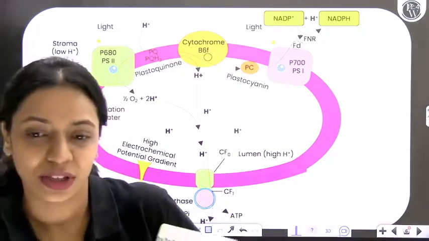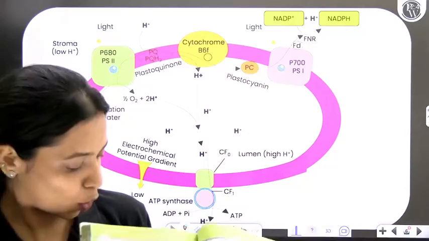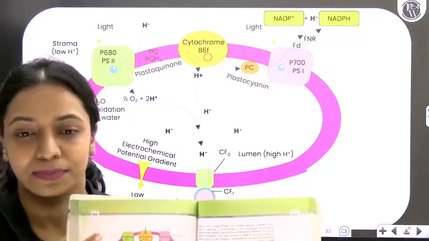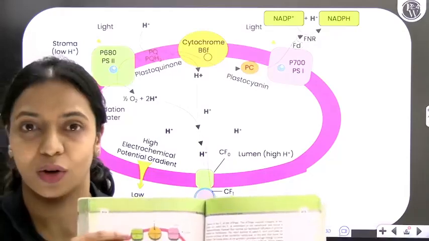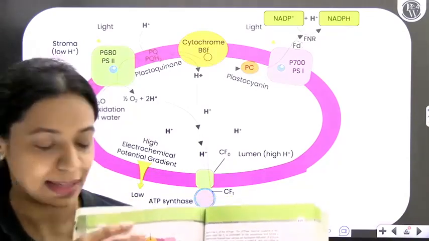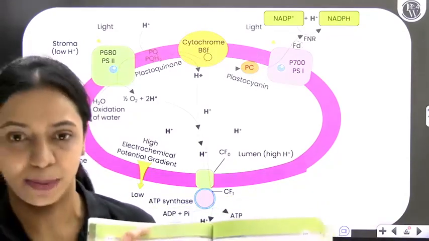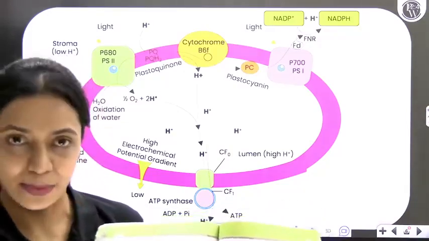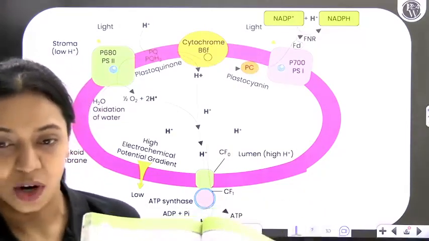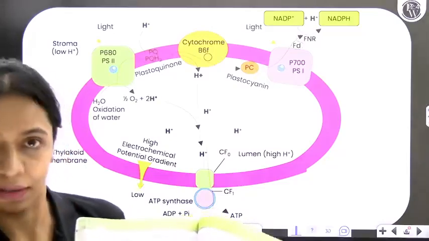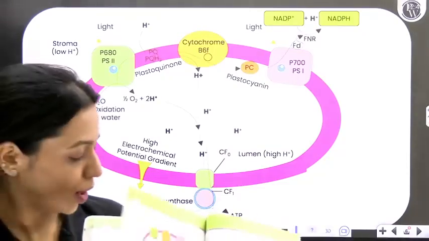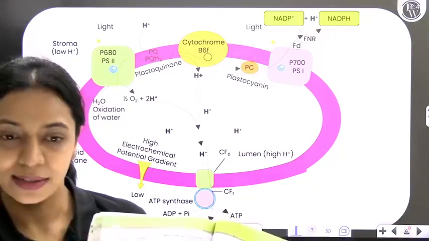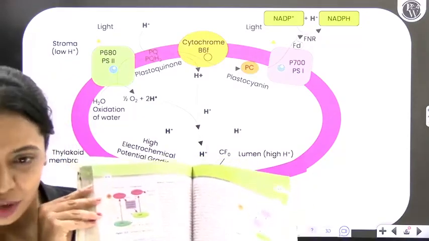So in this textbook, this diagram is pretty different. Over here, they've not mentioned plastoquinone, plastocyanin and all of that, PC, PQ, cytochrome B6F, FNR, all of that is not mentioned here. But in your new latest textbook from 24-25, all of that is mentioned. I want you to know how exactly it works here. All right. Could you see what I'm trying to show?